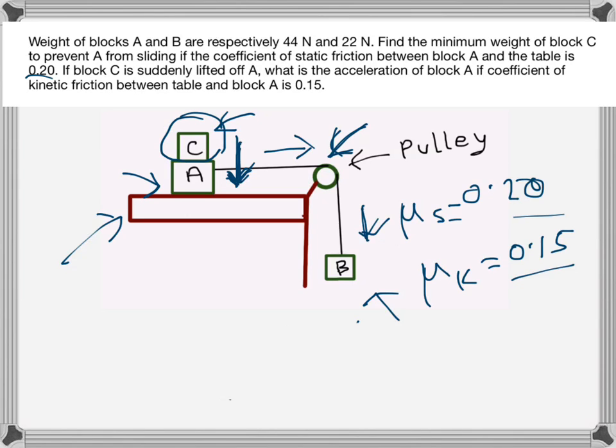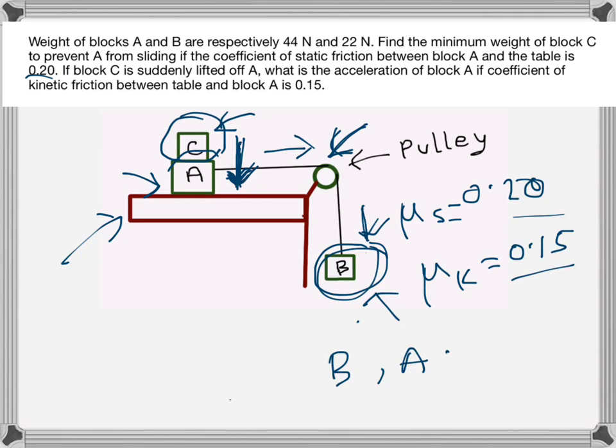It will start falling off, because this weight is more than that friction force, so the subtracted value will be equal to the combined mass times acceleration, because both block B and block A will have the same acceleration.